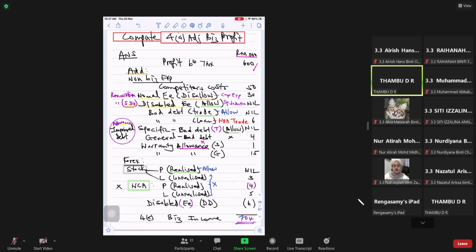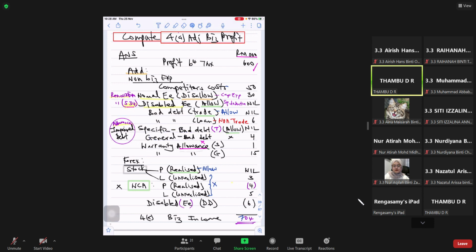The one and only allowance that is allowed is specific bad debt, and it must be trade. All other kinds of allowances, whether specific or general, not allowed. General always not allowed. Bad debt, add back.